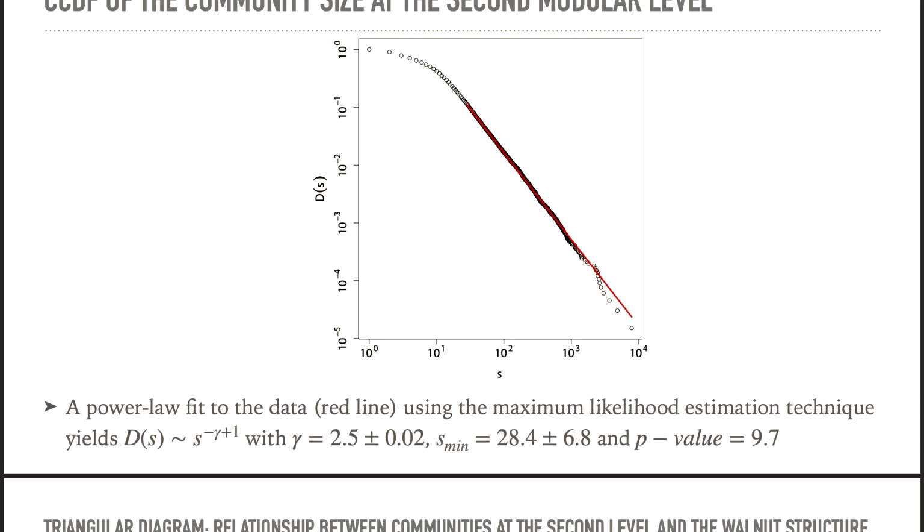Here you can see that the communities are more heterogeneous, we do not have any resolution problem, and they have sizes distributed over four orders of magnitude, and we see a nice power law here. We fitted this with a maximum likelihood estimation technique and got an exponent of 2.5, and we are interested in how to model this.